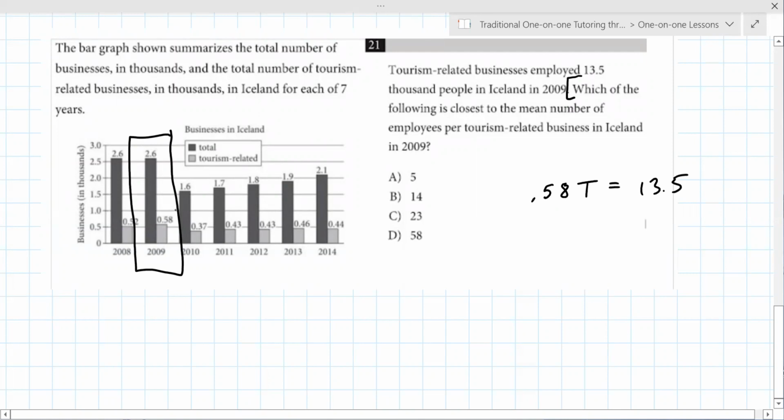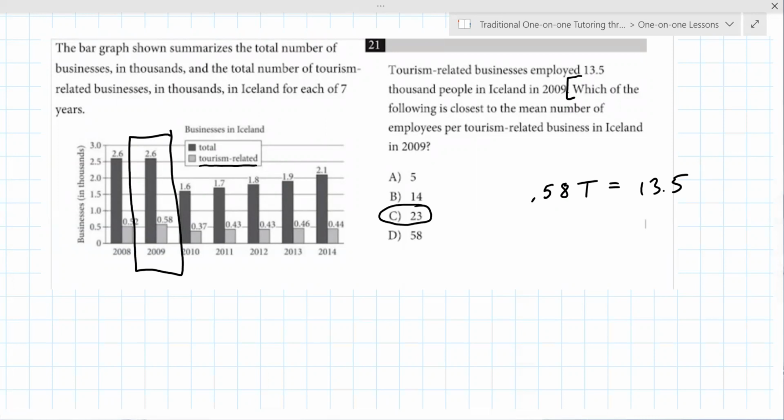And it's because we want the tourism related number. So divide by 0.58, and you're going to get right around 23. Not a good question. Let me see what else we got here.